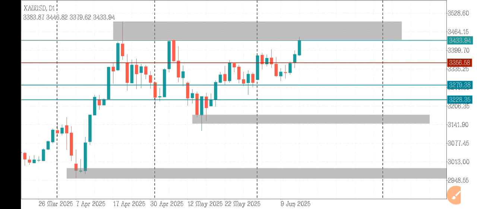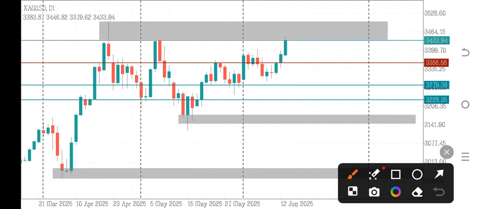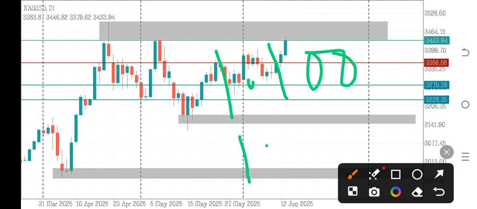For example, with Euro USD, I bought it at a rate of 1.1000. And when the market moved up in my favor, I decide to sell it back at 1.1050.